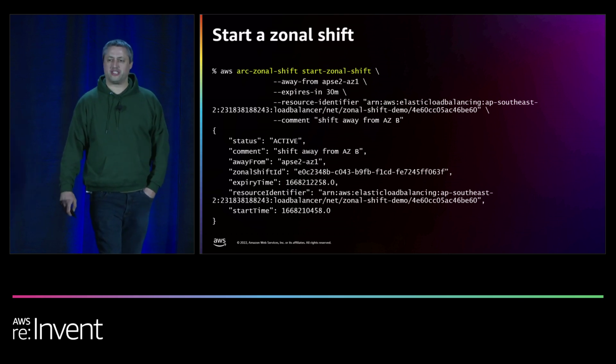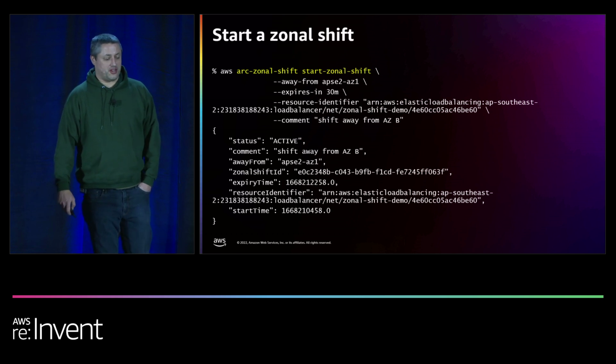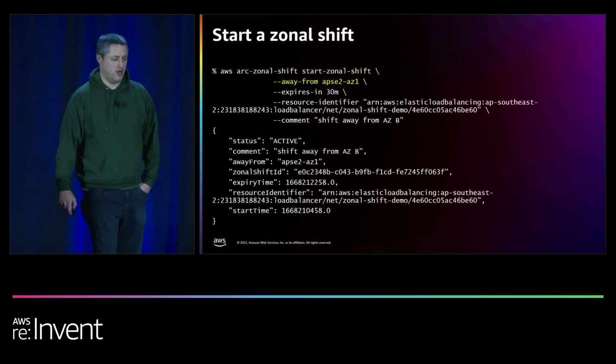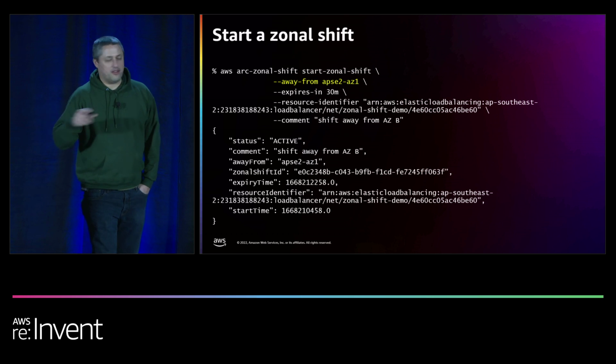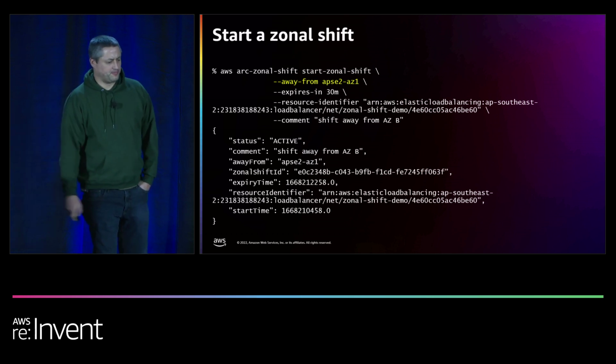We deliberately have a different API for this. And you make a call to start zonal shift away from AP Southeast to AZ1. We're using AZ IDs here, not the older AZ names, because AZ IDs are the same for everyone. And if you have multiple accounts to deal with, you want it to be the same across them all.